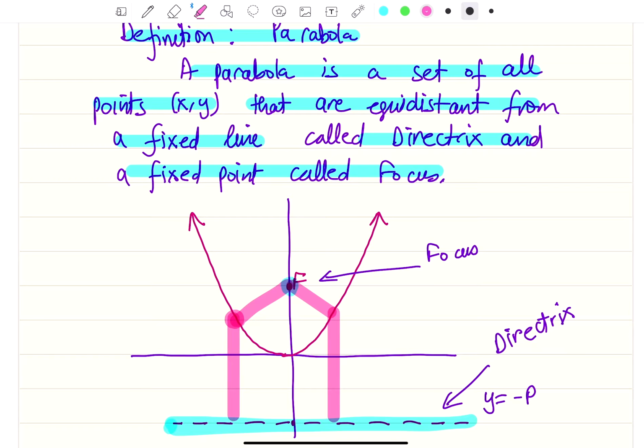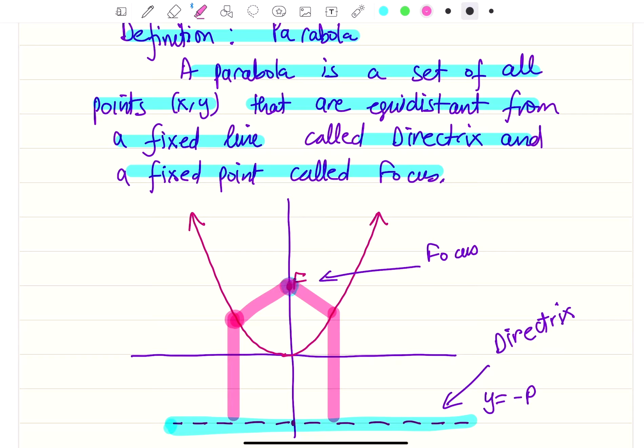The distance between the point and the focus and the point and the directrix is the same.